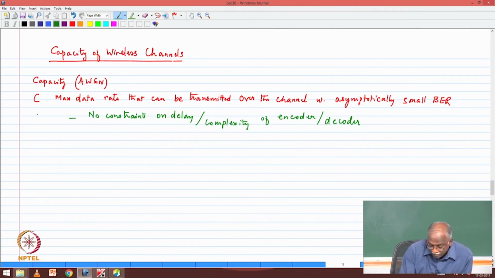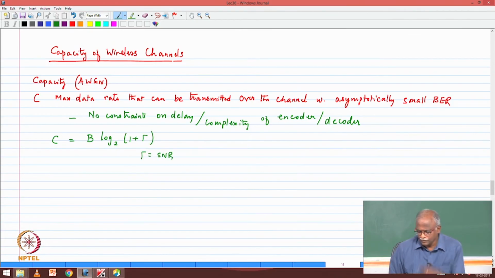From Shannon's channel capacity theorem, C is proportional to bandwidth: C equals B log base 2 of (1 plus SNR), where B is the bandwidth of the channel, gamma is your SNR, and the units are bits per second.